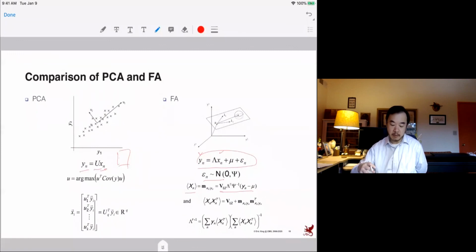Of course, if our latent factor analysis is trying to blow the data up from low dimensional to higher dimensional, then you lose all this advantage. And that's a different issue we are going to face in other problems.